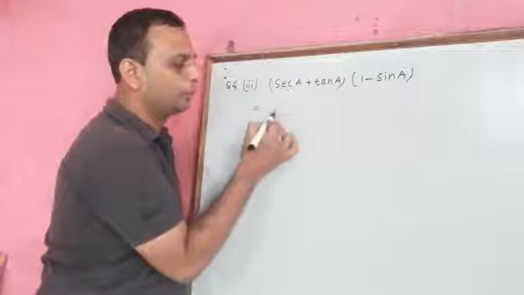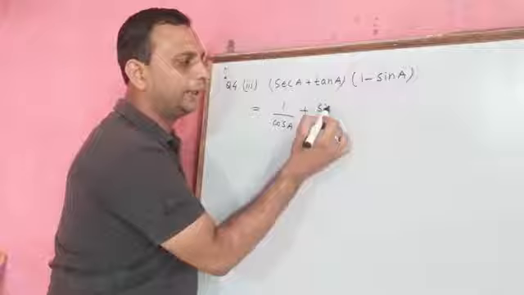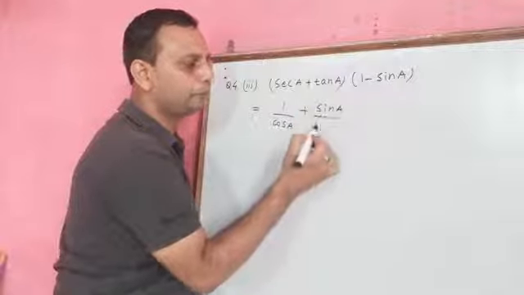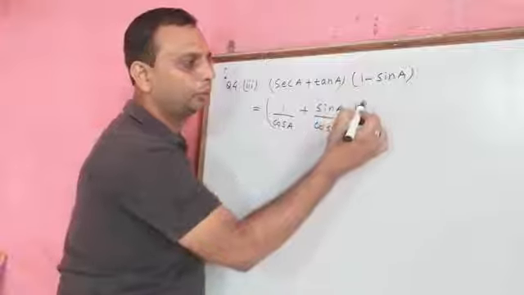So sec A is equal to 1 upon cos A. Tan A equal to sin A upon cos A. Bracket close.